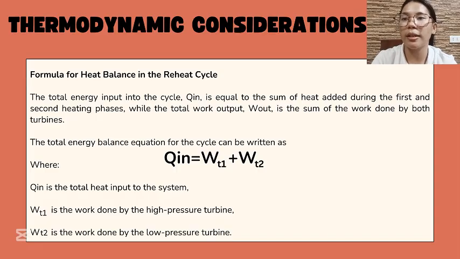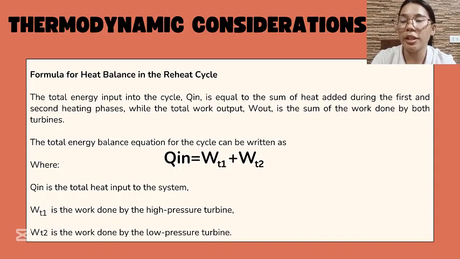The total energy balance equation for the cycle can be written as Q in is equal to work turbine 1 plus work turbine 2, where Q in is the total heat input in the system, while WT1 is the work done by the high pressure turbine, WT2 is the work done by the low pressure turbine.